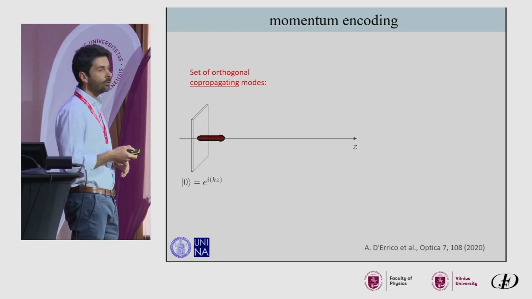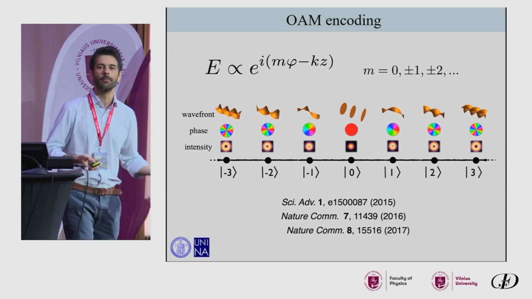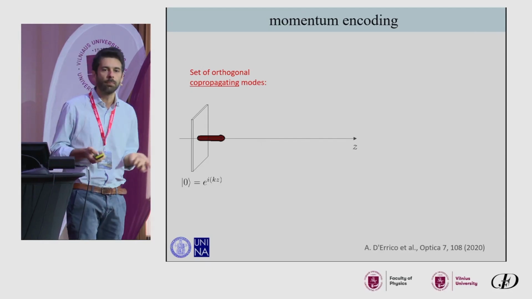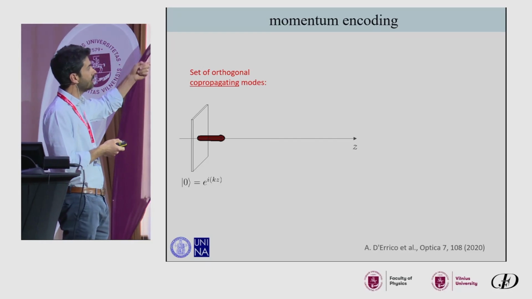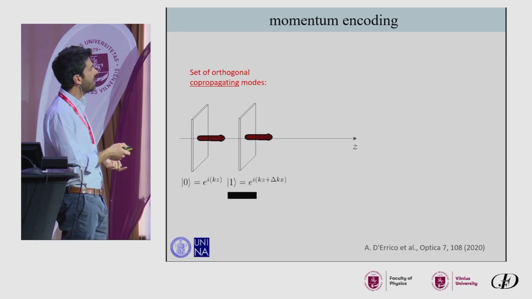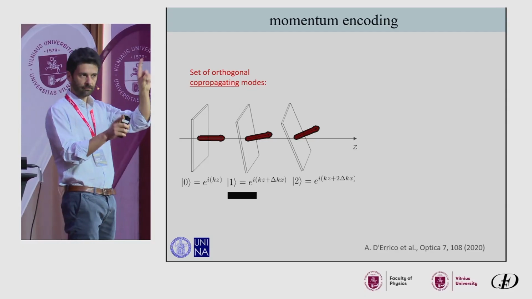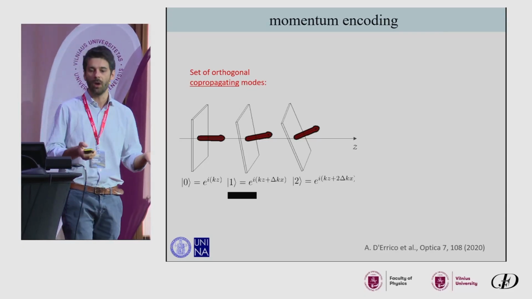Instead of using orbital angular momentum modes, which are essentially labeled by a single integer, we moved to a much simpler basis, a momentum basis. You take one mode, and then a family of modes that you obtain by tilting this plane wave, essentially this Gaussian beam, in the x and y directions.